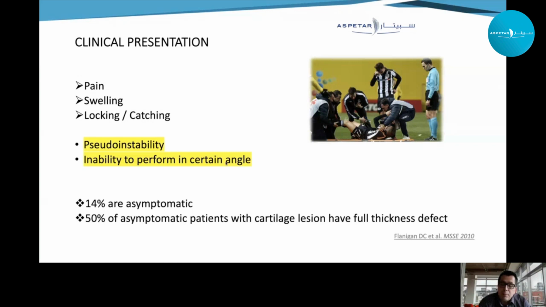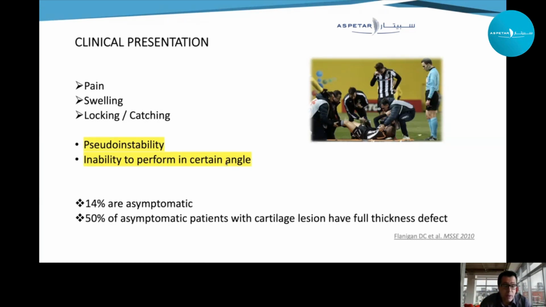And in my opinion, take it as a personal hint, whenever you have a pseudo instability, where the patient complains that in a certain angle of range of motion the knee feels unstable, this raises a high suspicion of a cartilage defect. That's also the clinical sign that we need to address during our evaluation with functional movement that can reproduce the same situation.